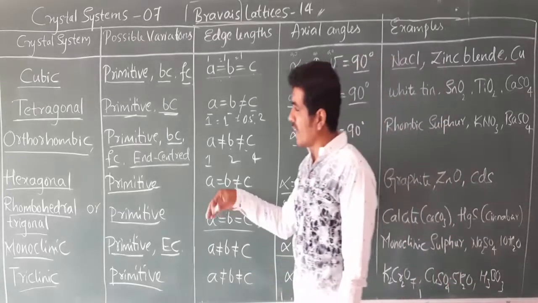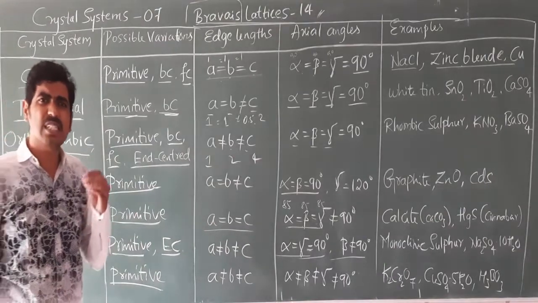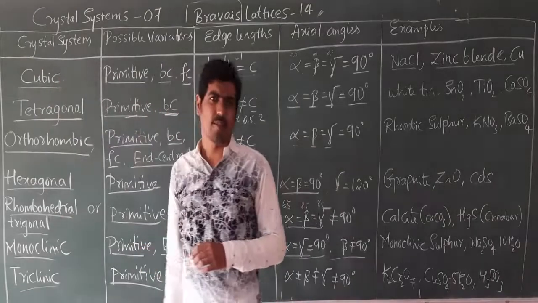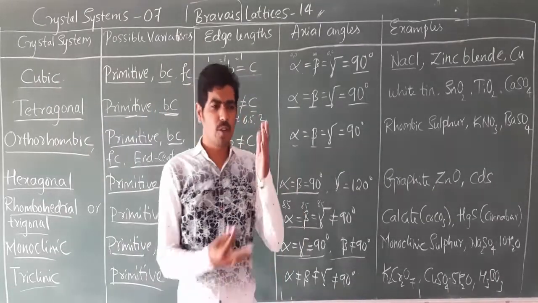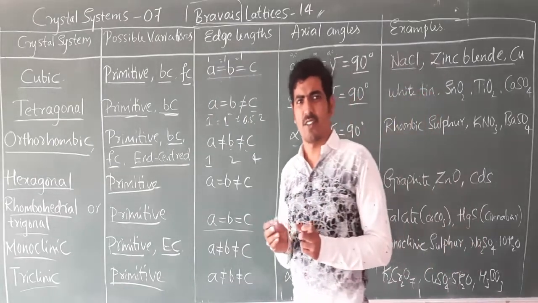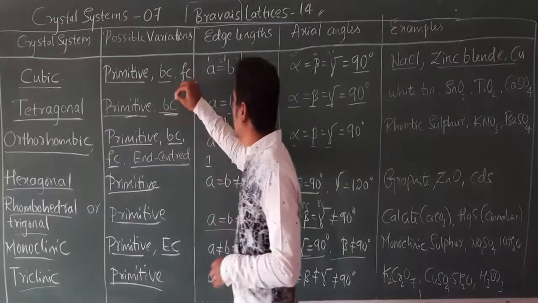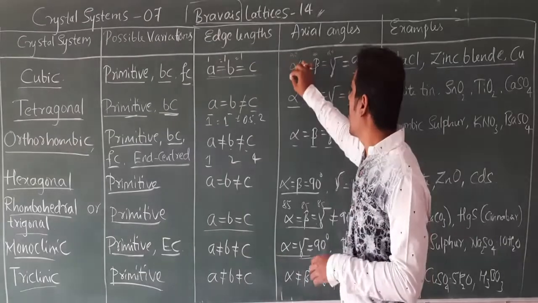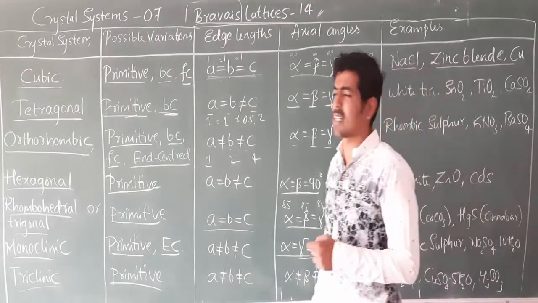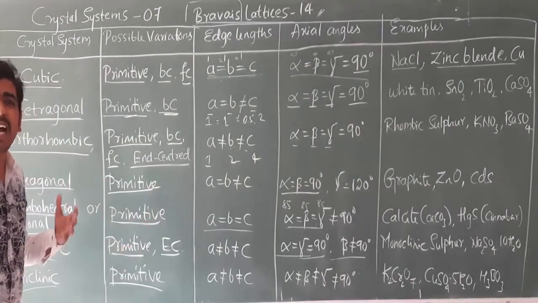And another thing is, among these 7 crystal systems, the most symmetric crystal system is cubic crystal system. Most symmetric means when you cut in different directions, you will get equal pieces. So this is cubic crystal system because here all the edge lengths are the same and all the axial angles are also the same. Then which one is the most unsymmetric one?